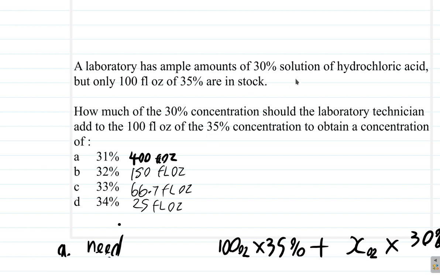You have 100 ounces of it, and you're trying to water it down to make it less concentrated. So you're not going to need to add too much of the 30%, the weaker one. To make the 35% weaker, to go down to 34, you're not going to need much of the weak solution to water it down. So only 25 ounces you need.